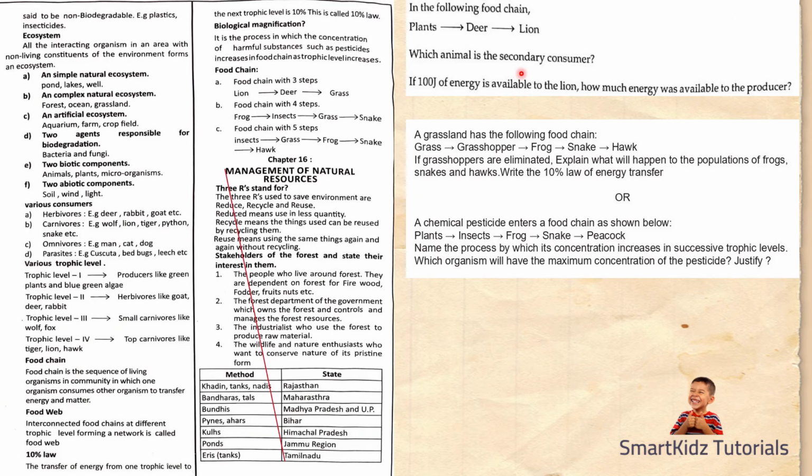Okay. Now, next one is a grassland has the following food chain: grass, grasshopper, frog, snake, hawk. If the grasshoppers are eliminated, explain what will happen to the population of frogs, snakes, hawks. Write the 10% law of energy transfer. Now, if the grasshoppers are eliminated, frogs will have no food, which means they will decline.